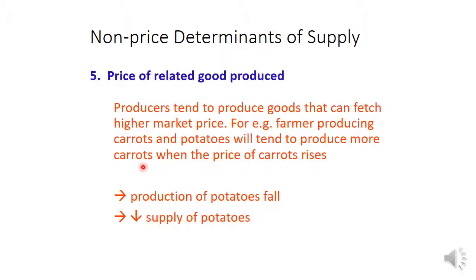So what we are seeing here is farmers or the sellers switch over to produce more carrots because carrots are fetching higher price, and potatoes production will begin to fall. Did the price of potatoes change? No. But the supply will fall because the market price of a related good that the seller is producing has gone up.